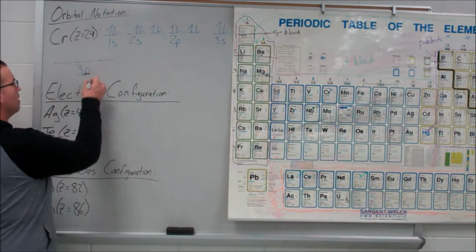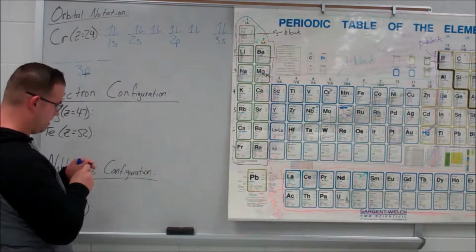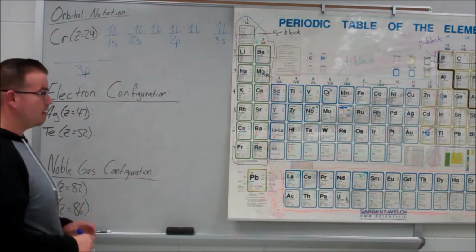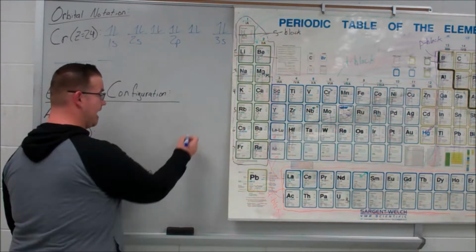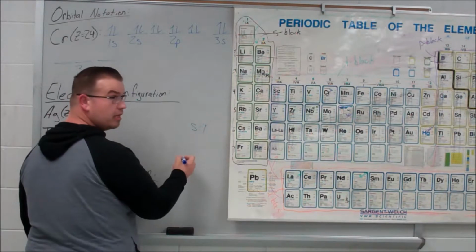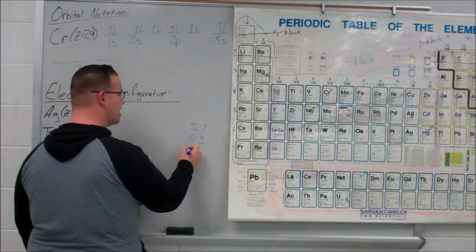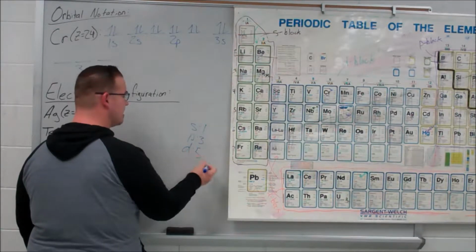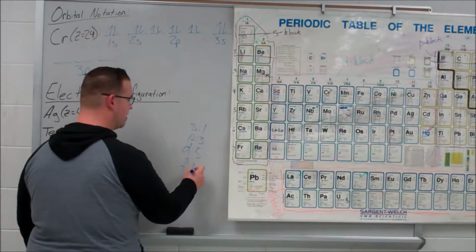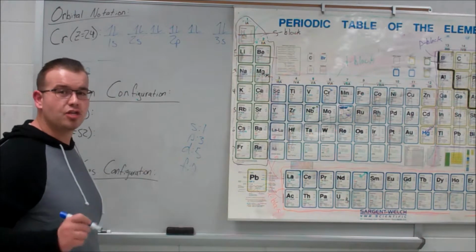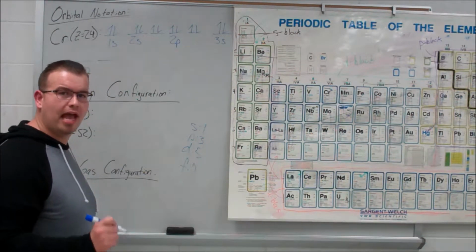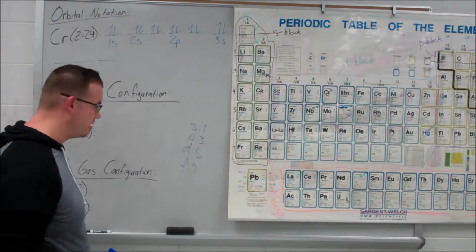Remember, at all costs, S has 1 orientation, P has 3 orientations, D has 5 orientations, and F has 7 orientations. And you must show every orientation.